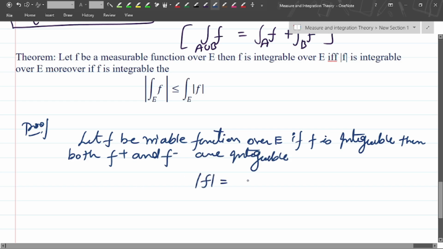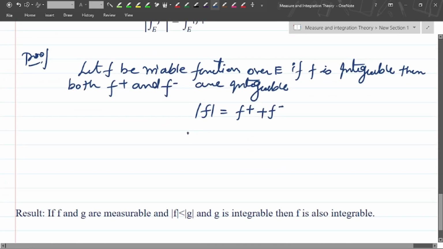Mod of f is written as f plus plus f minus, so mod of f is also integrable because f plus and f minus both are integrable functions.